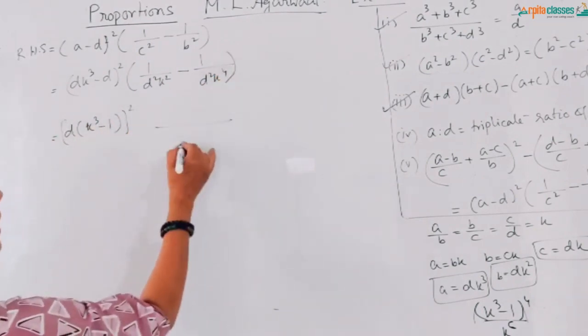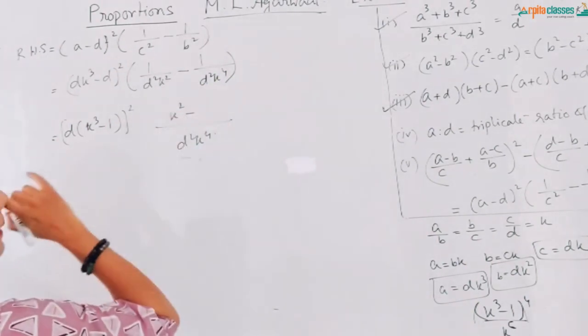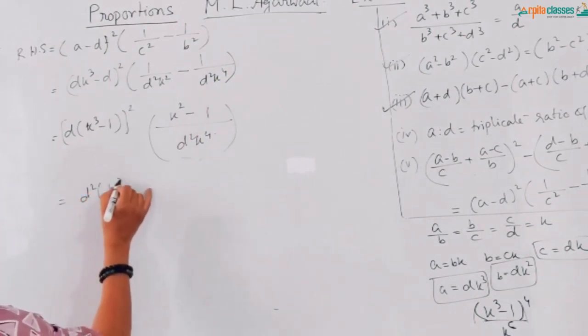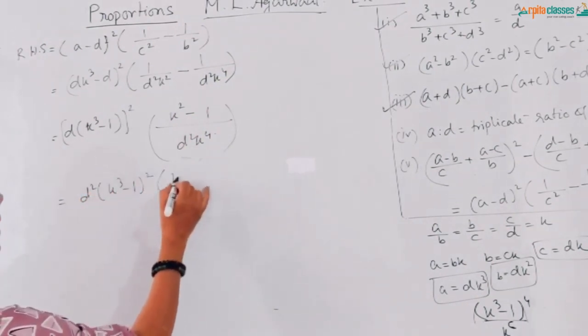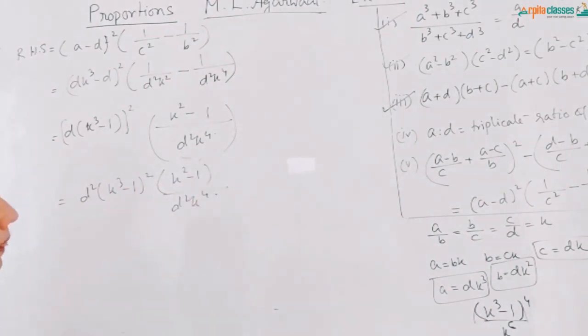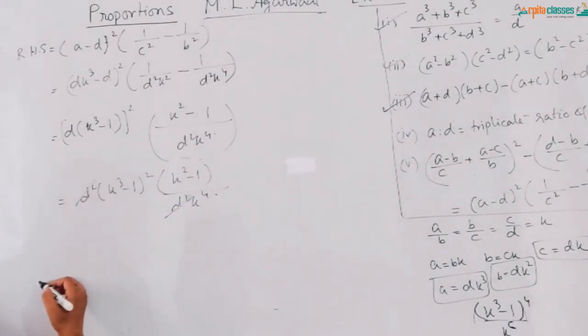Here I take b square k4 as LCM, so it will be k square minus 1. Now it is b square k cube minus 1 whole square k square minus 1 upon b square k4. This square and this square get cancelled.